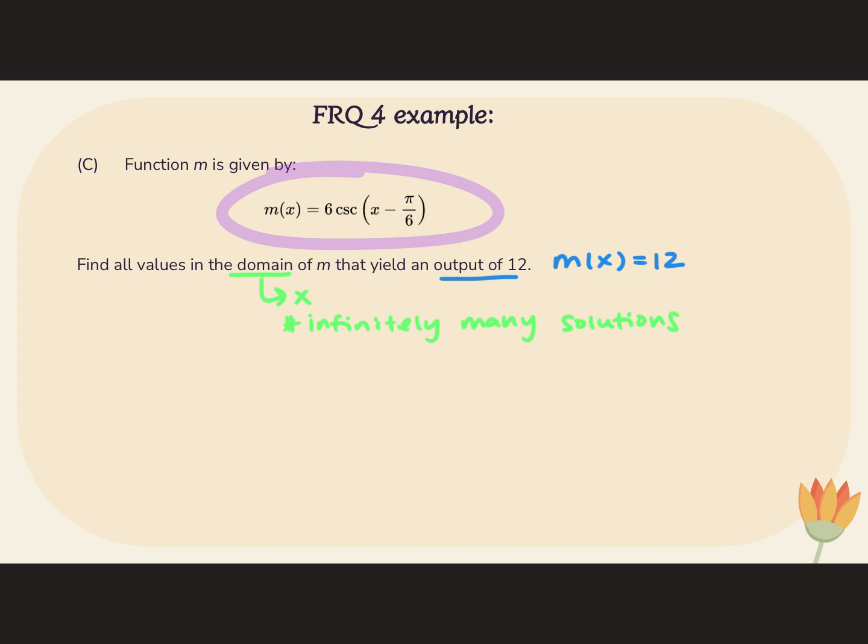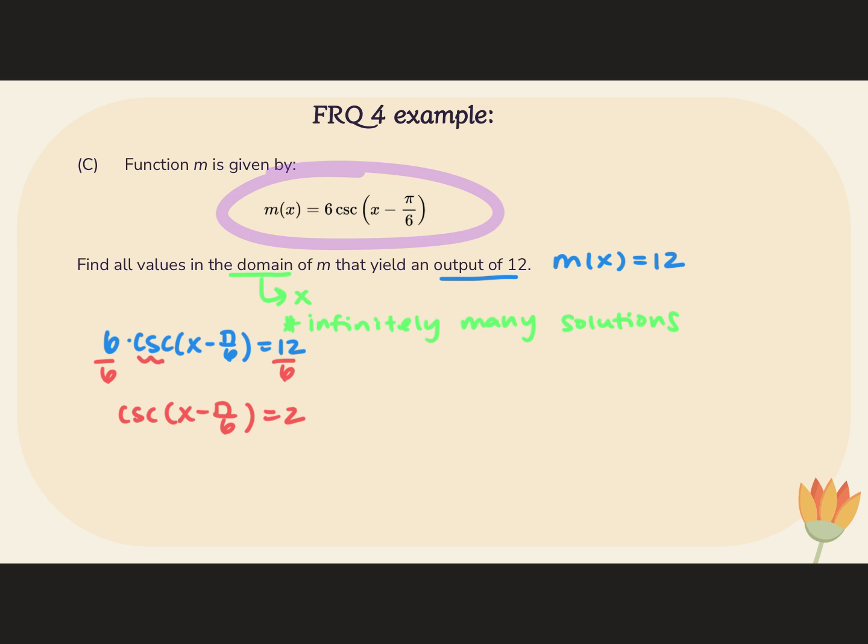And I'm going to have to make sure at the end that I structure my solutions to include that infinite amount. So for setting up this equation, we get 6 times the cosecant of x minus pi over 6 equals 12. We want to isolate that cosecant expression, so we're going to divide both sides by 6. We get cosecant of x minus pi over 6 is equal to 2.